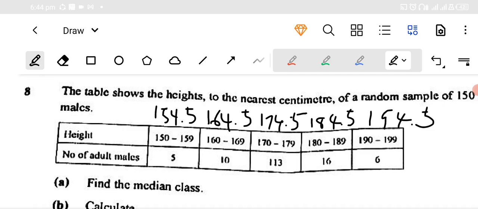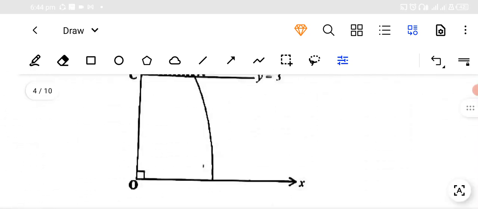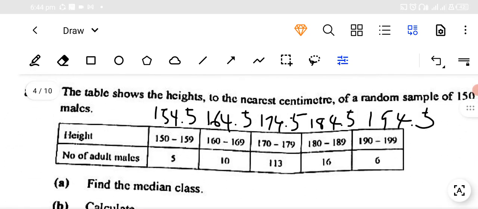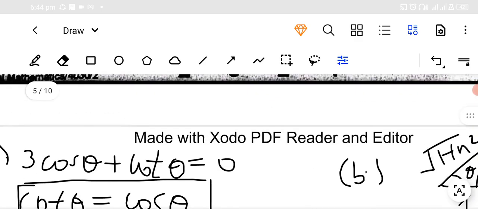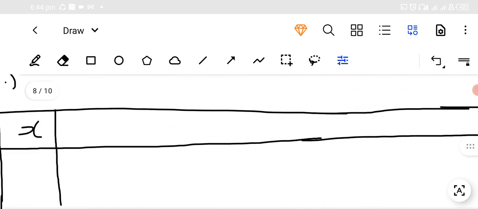So the first value is 154.5, so 54, 64, 74, 84, 94. Up to 94. That's what we're going to use to remember the values.